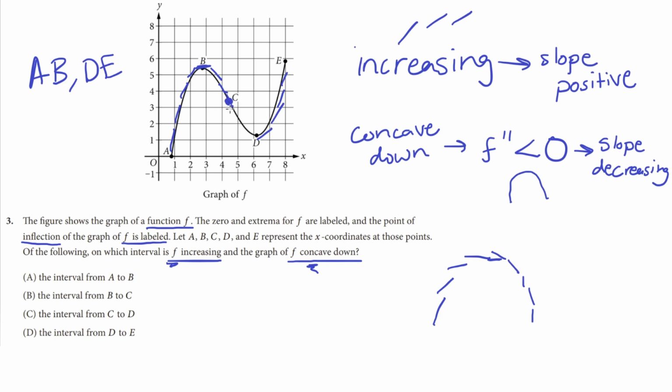We see here on this side that the slopes are negative, but they are becoming less steep, which means they're becoming smaller negatives. So the slope is also increasing here. So that means only from A to B is the function concave down and has a positive slope for the tangent lines. So A to B is the correct answer.